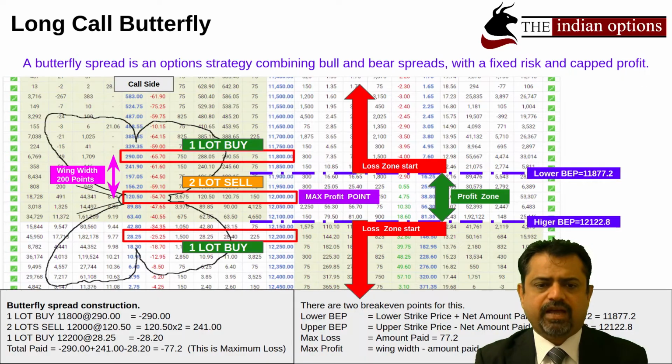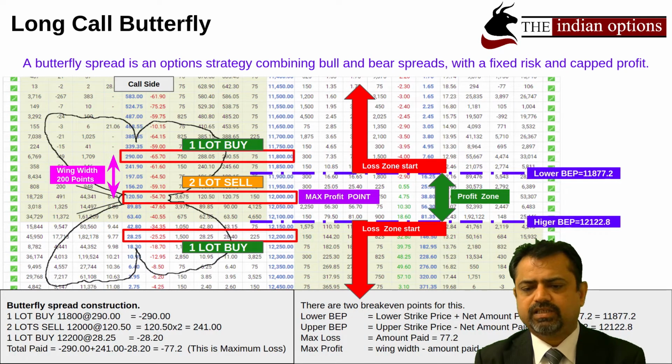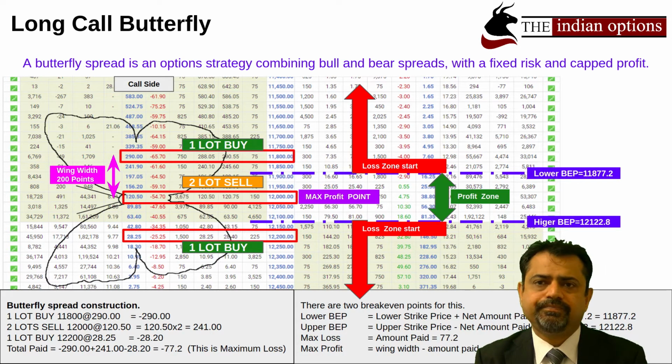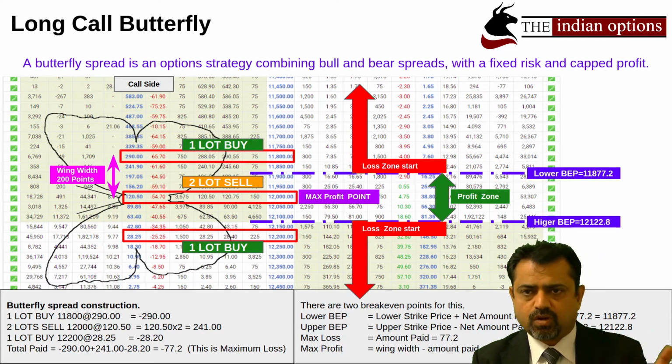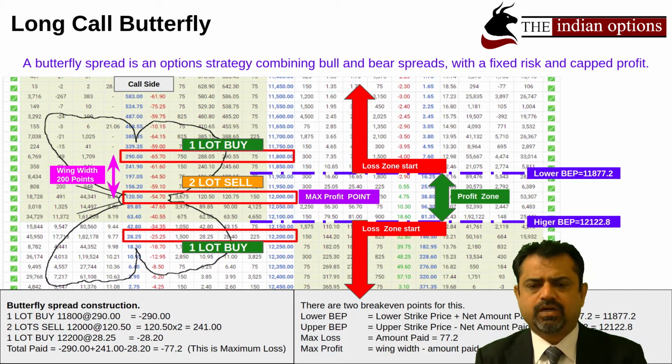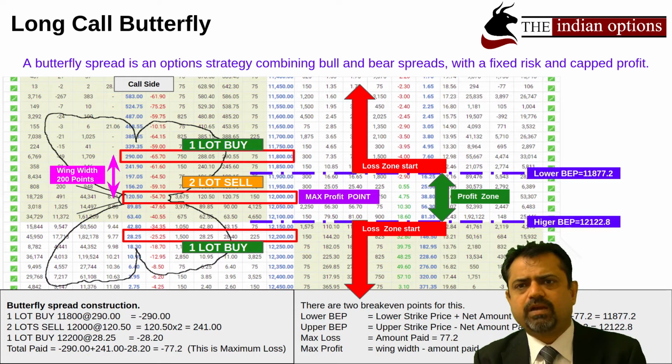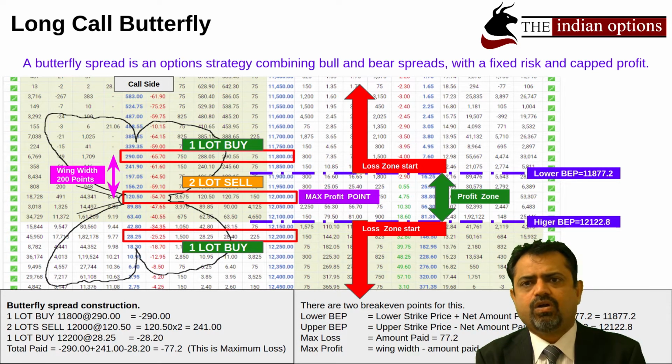Now, why butterfly? Going to the next screen, that is the long call butterfly. Long meaning that you are buying, call meaning that it's on the call side, and butterfly, it's the butterfly spread. Now, this is going to be a really very busy slide, and let's spend some time on this, because for all these advanced strategies that we are discussing, we already know how much maximum loss or how much maximum profit you are going to make out of these strategies.